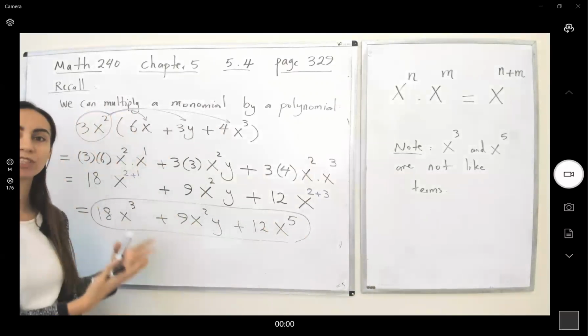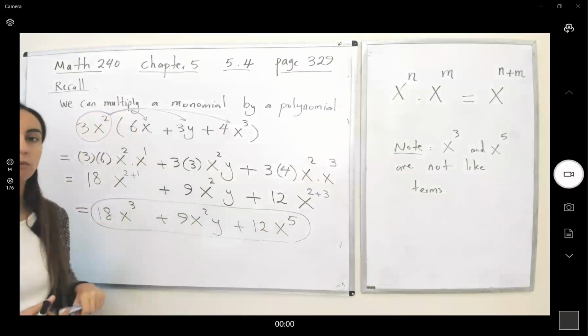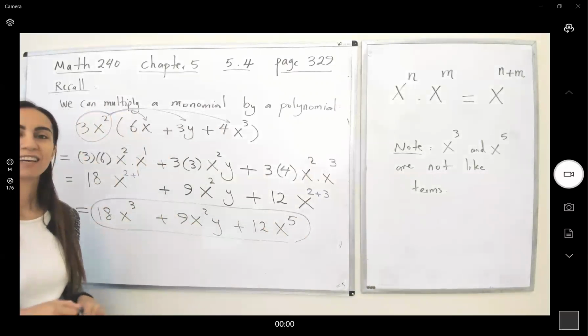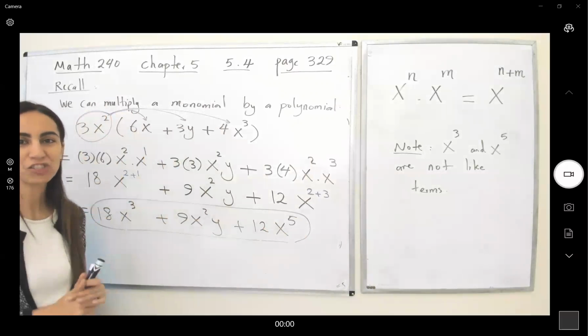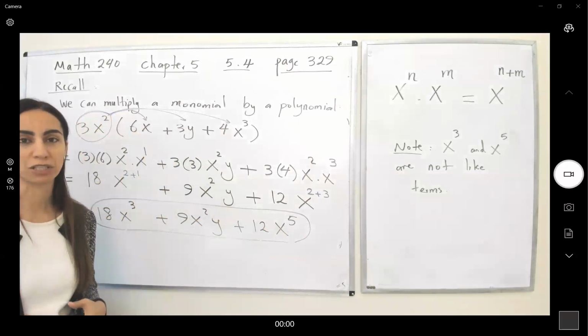So this is what we did before, multiplication. We distributed the monomial into parentheses and tried to simplify as much as we can. The reverse operation is actually called factoring.